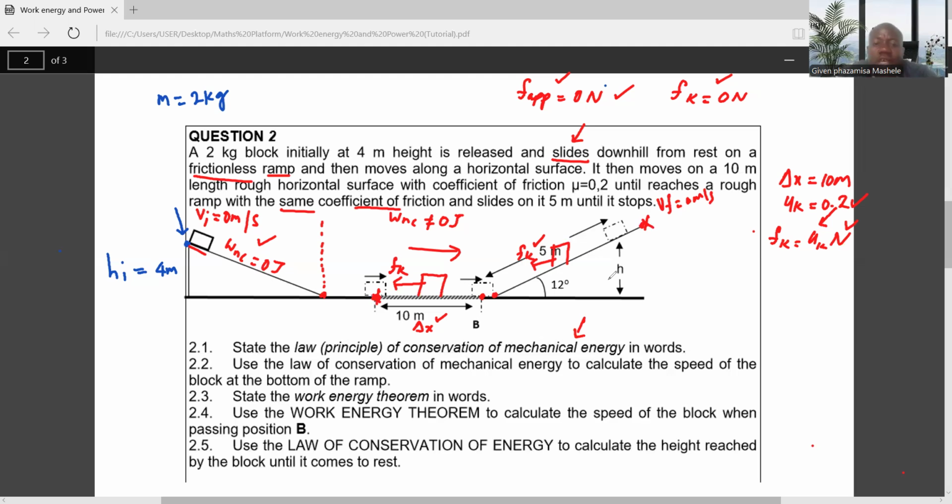2.2 says, use the law of conservation of mechanical energy to calculate the speed of the block at the bottom here. We want to know the final speed here, at the bottom.